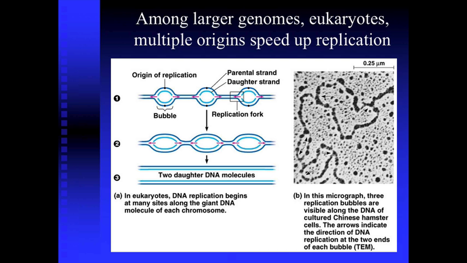Here in prokaryotes, you have a single origin of replication, with replication happening bidirectionally from that point. When those two replication forks meet at the bottom of the molecule, the two molecules will separate, and we'll have two circular loops of DNA.